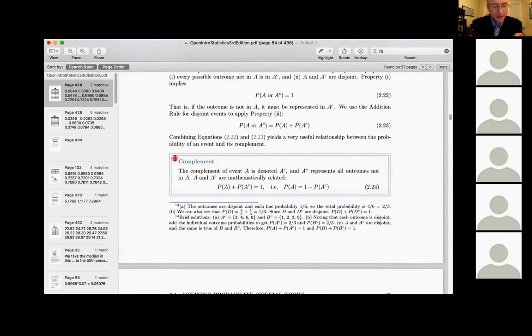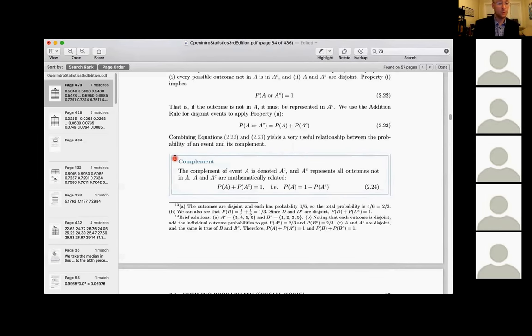So the complement, by the way, just to clarify conceptually, doesn't tell us as much as we might always want. All it tells us is the probability of the event not occurring.